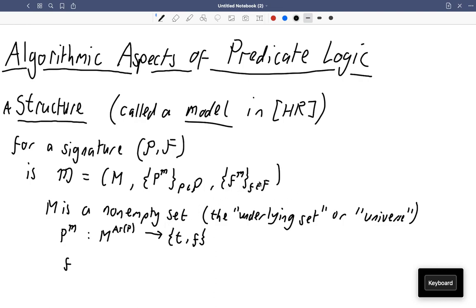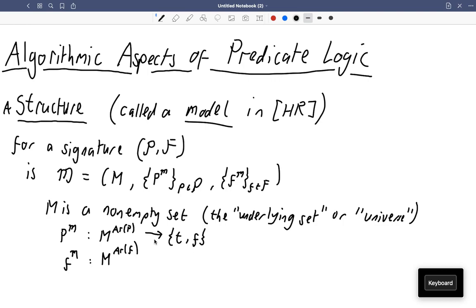So for every function symbol little f in the collection curly F of all function symbols in the signature, we also have an interpretation f superscript M. The interpretation of the function symbol f in the structure M is again a function that takes as many arguments from the underlying set as the arity of f.